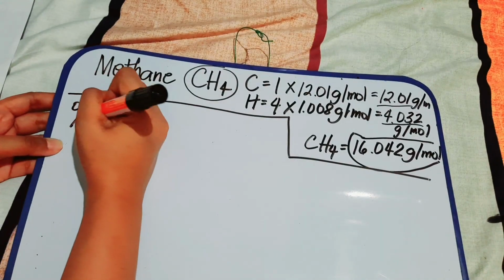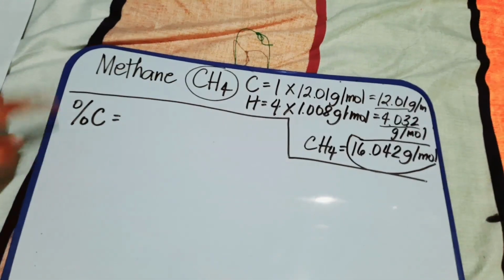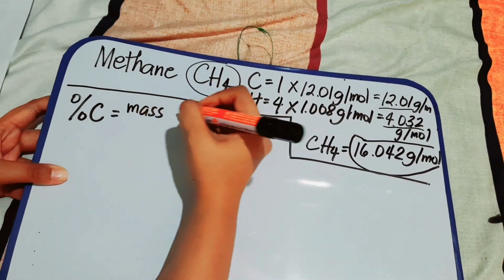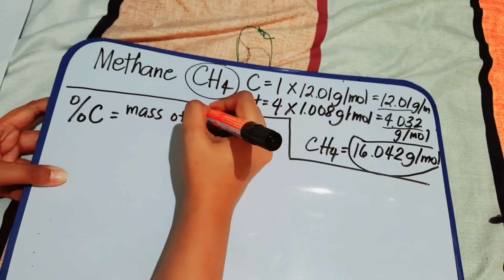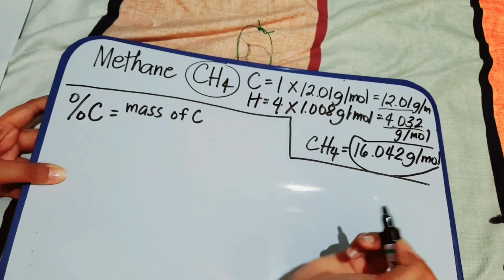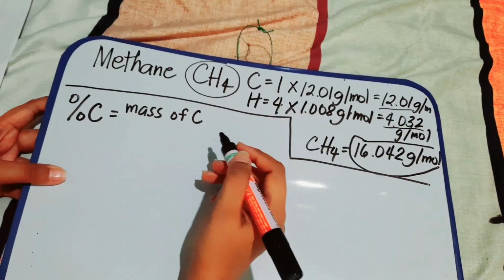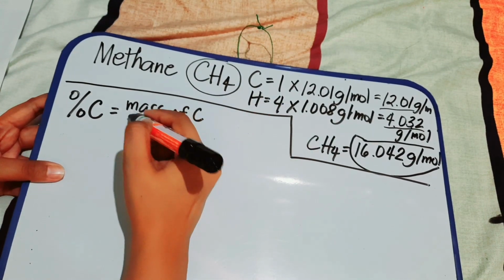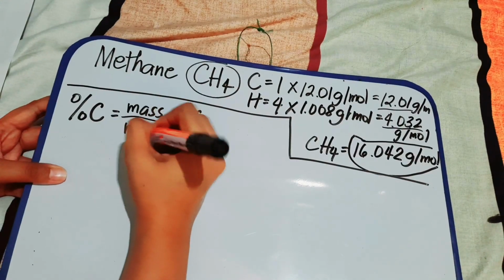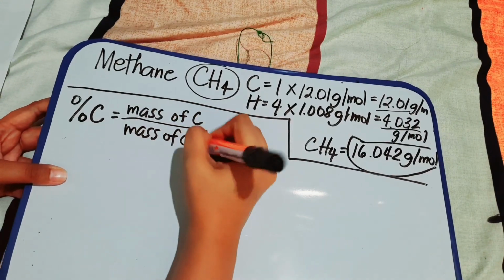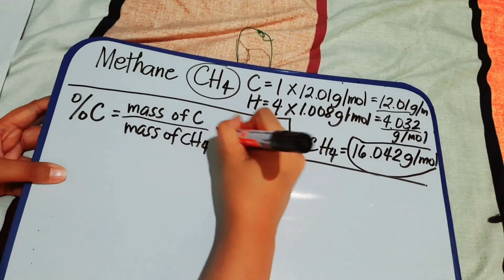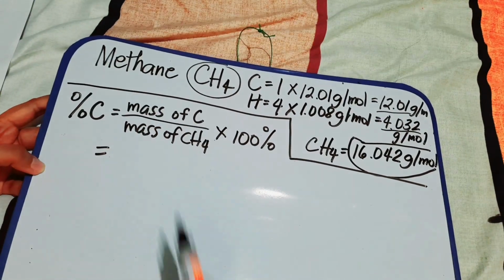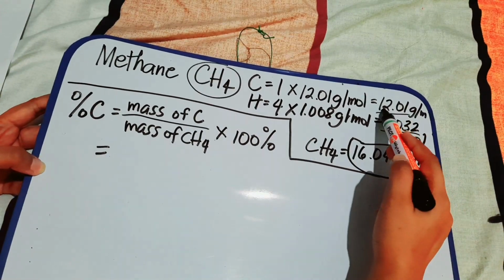So, unahin natin ang percent ng carbon. So, sa percent ng carbon, so, ano ba yung mass? Okay. Mass of carbon dito sa ating CH4. Okay, and then mass of CH4, which is yung ating compound, and then times 100%. Okay? So, ano yung mass ng ating carbon? And that is 12.01.